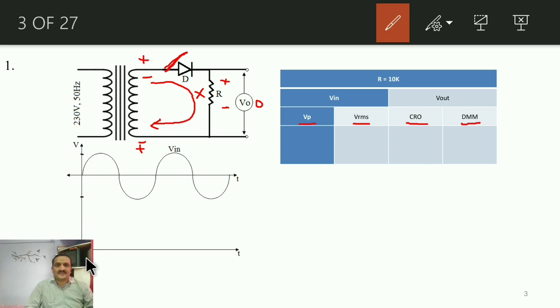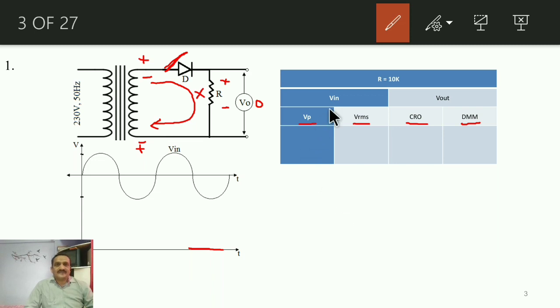So just imagine what nature of output you will obtain. It will be a half wave rectified output like this. During the positive half, you will get the same as the input. Then during the negative half of input, you will have zero output. Again the next positive half cycle, the output will be non-zero. Again during the second negative half, the output will remain zero, like this.